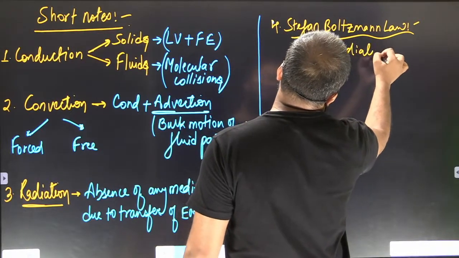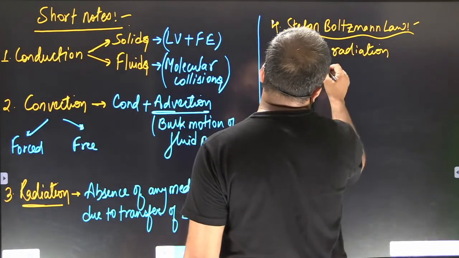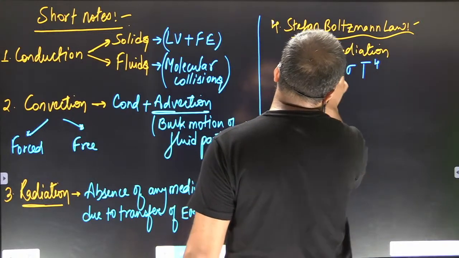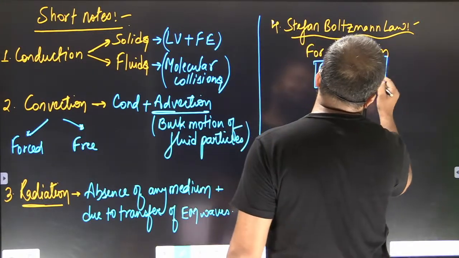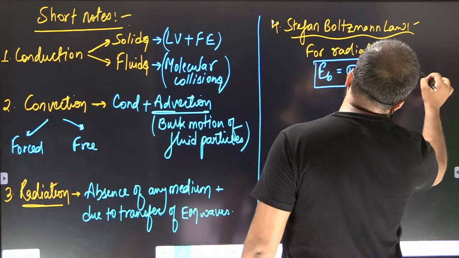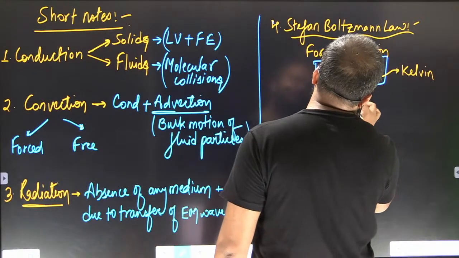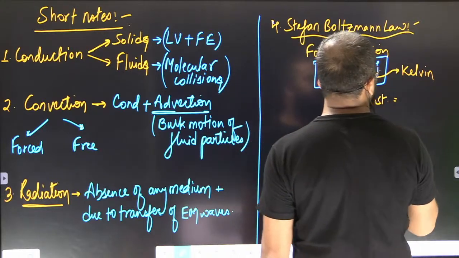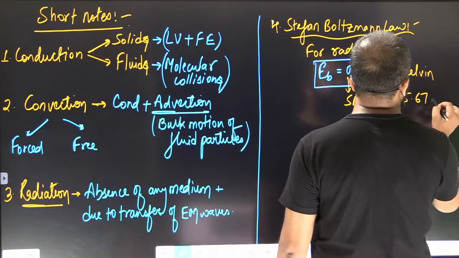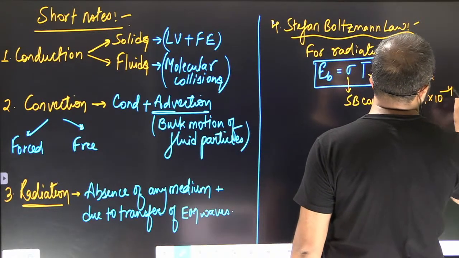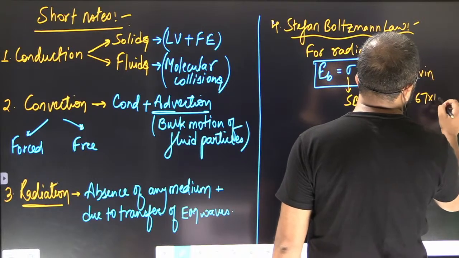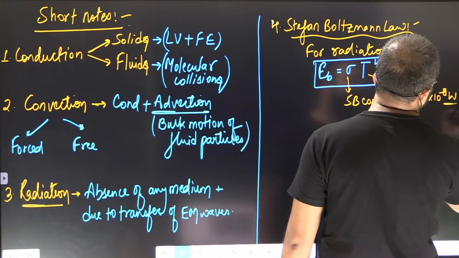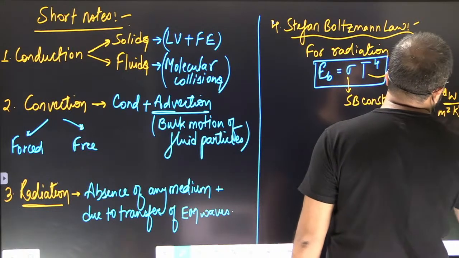It says E_b equals sigma T to the power 4, where T is always in Kelvin. Sigma is the Stefan-Boltzmann constant, with value 5.67 times 10 to the power minus 8 watts per meter square Kelvin to the power 4.